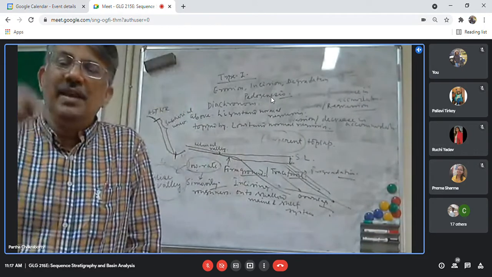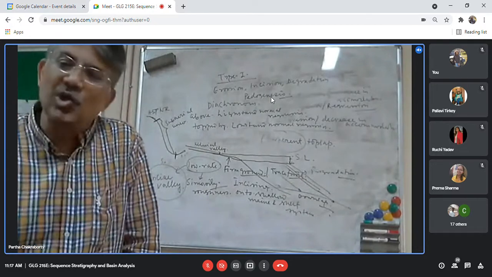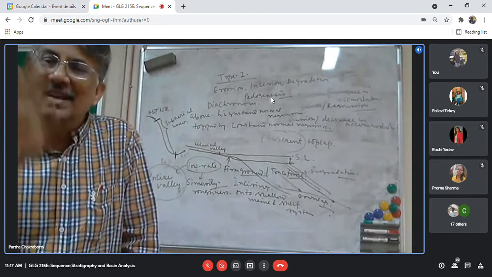That will basically go for pedogenesis, soil formation, that is the interfluve area.